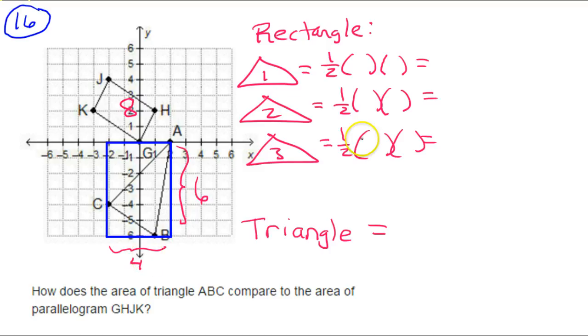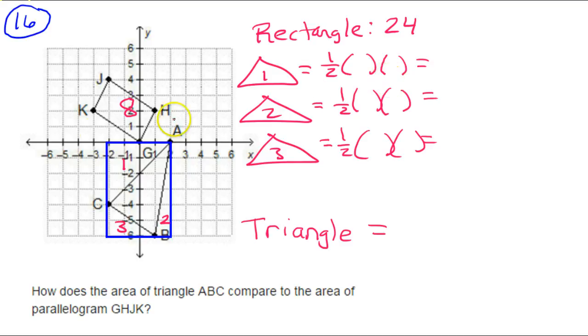All right, 6 times 4 is 24, so the rectangle is area 24. Now, I'm going to subtract these 3 triangles, and that should leave the area of the big triangle in the middle. Okay, so let's see. I'll call this triangle number 1, triangle number 2, and triangle number 3.